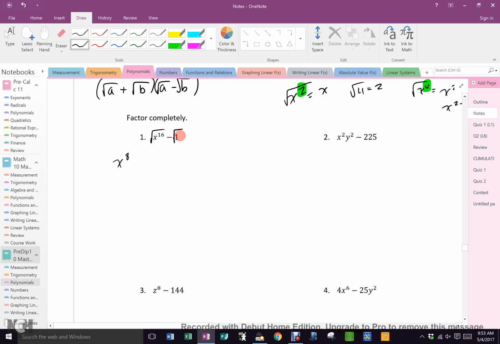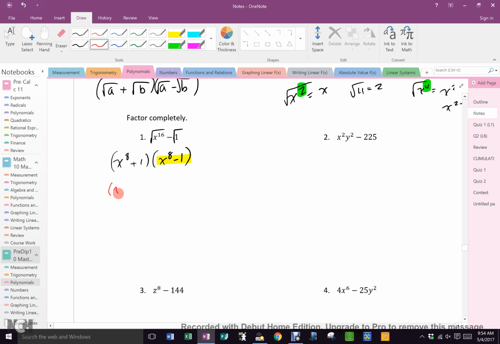What's the square root of 1? 1. X to the 8th plus 1, x to the 8th minus 1. Am I done? Why? Are those both squares? Is that a subtraction between them? So I must continue.